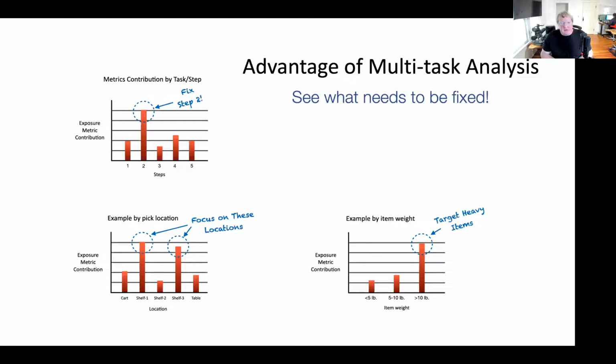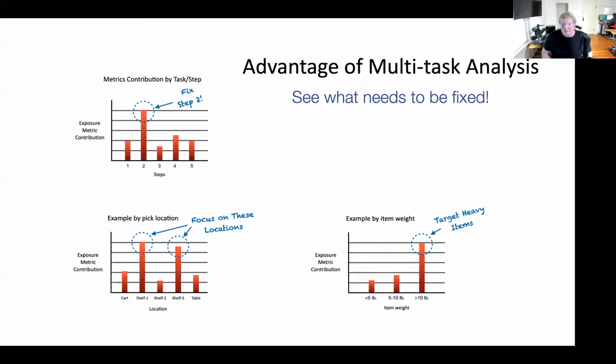And you can also get creative. I've seen one project where there were 19 different shelf locations. So you can focus on locations, say if you were placing items and we were looking at the shoulder, some of the higher shelf locations might be more problematic. And sometimes we can look at it by item weight.